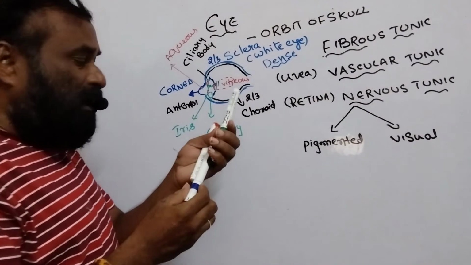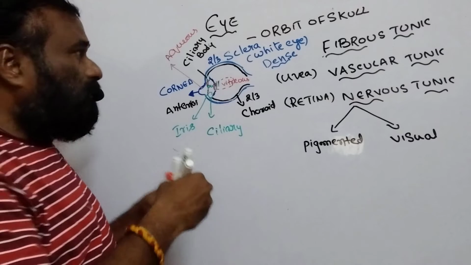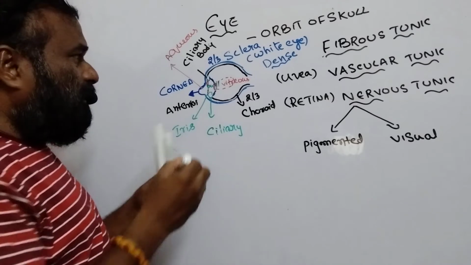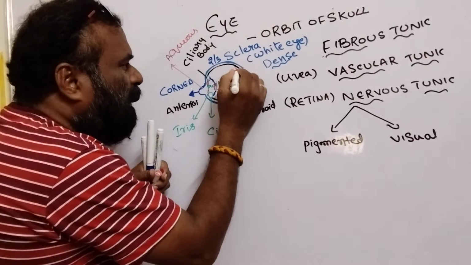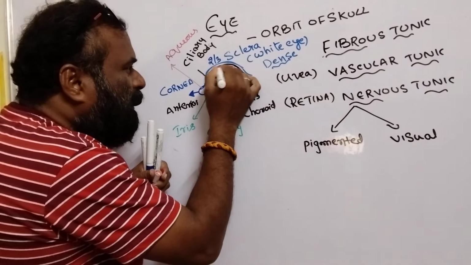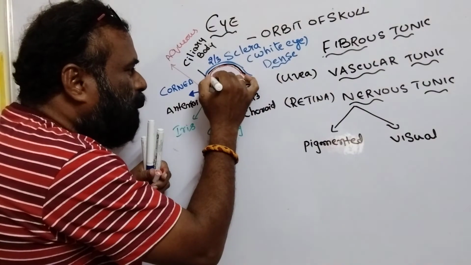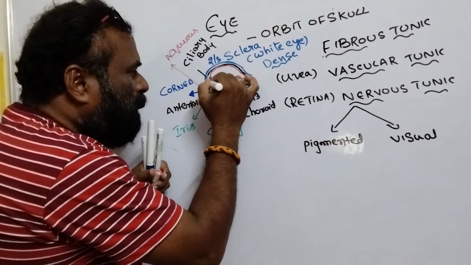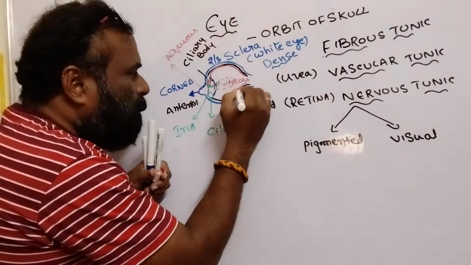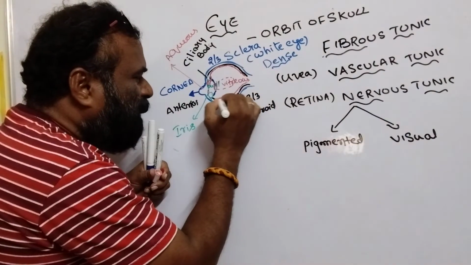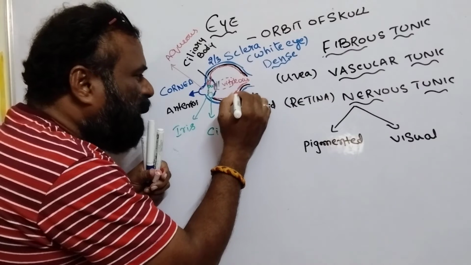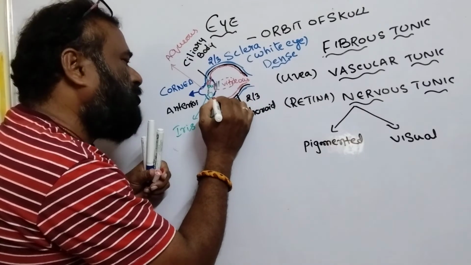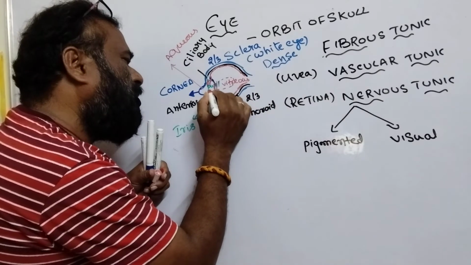Go for the pigmented area. This pigmented epithelium is present beneath the choroid and extends up to the ciliary body and the iris body also.